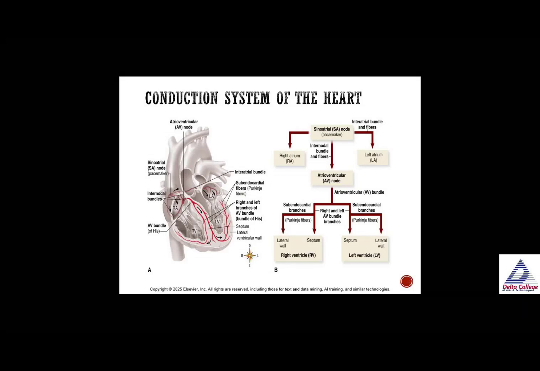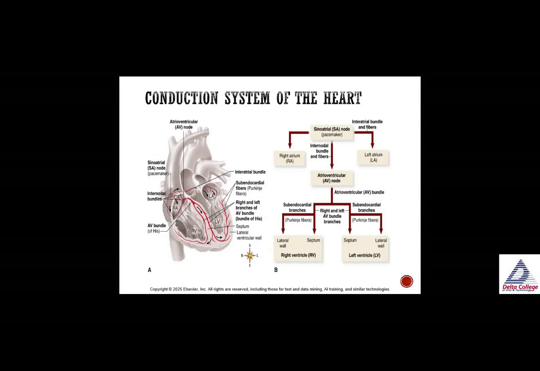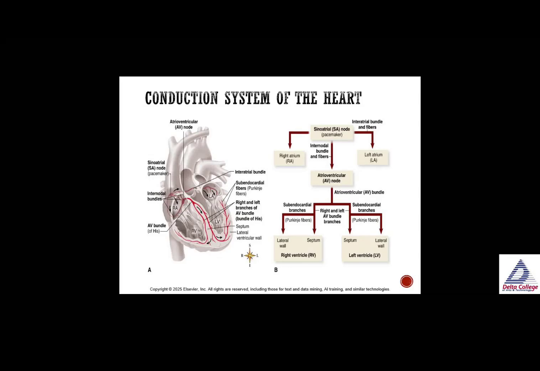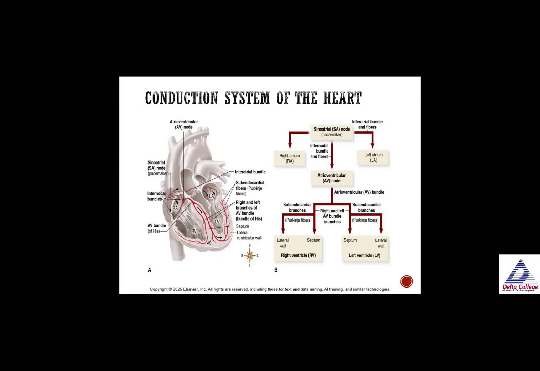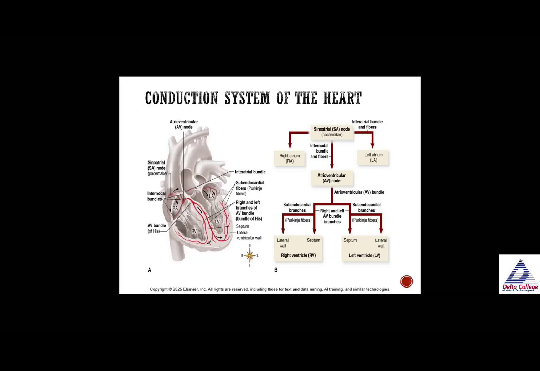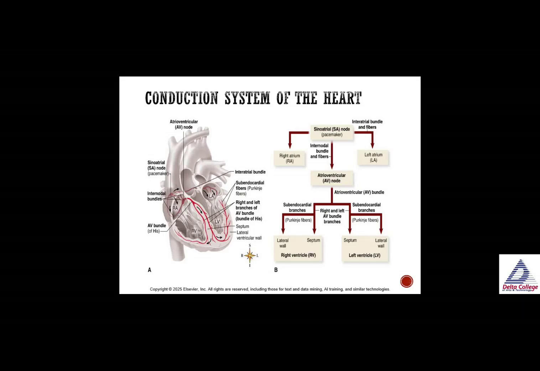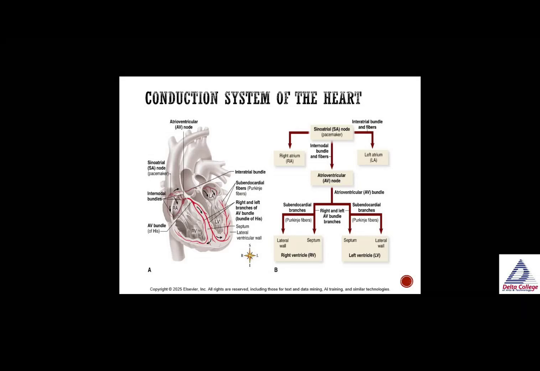So this gives you an idea of what's going on. The SA node, the pacemaker of the heart, the electrical signal comes from here, goes to the left and right atriums, and down through the AV node to the bundle of His that goes down into these Purkinje fibers, which then stimulate the right and left ventricles.